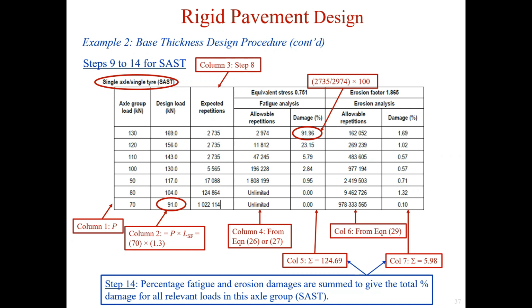Similarly, we could work out the erosion damage in the last column. The sum is around 6. The total percentage of fatigue damage and erosion damage are 124.69 and 5.98% for all relevant loads in this axial group SASD.